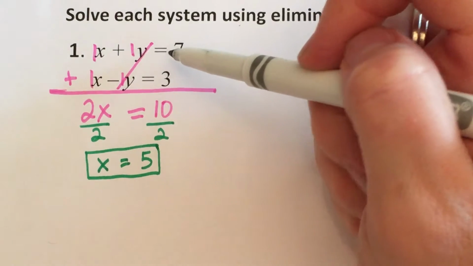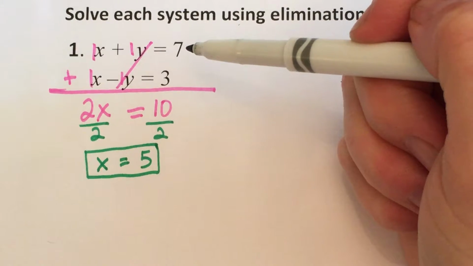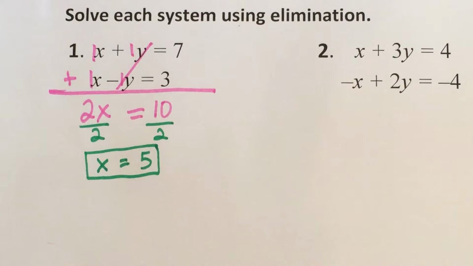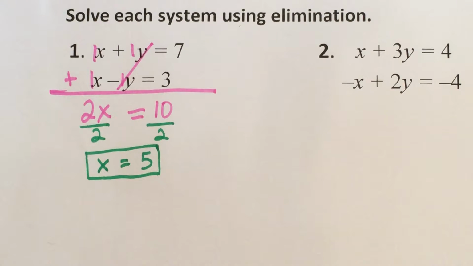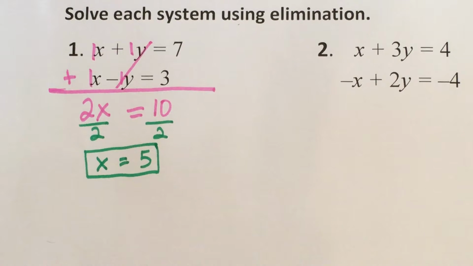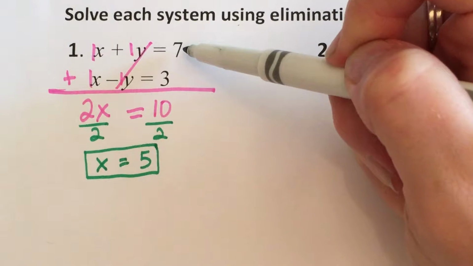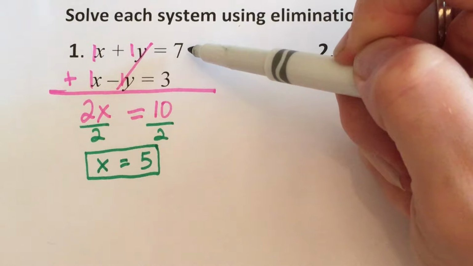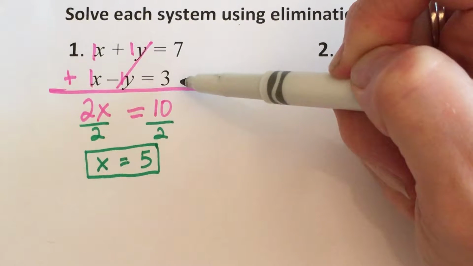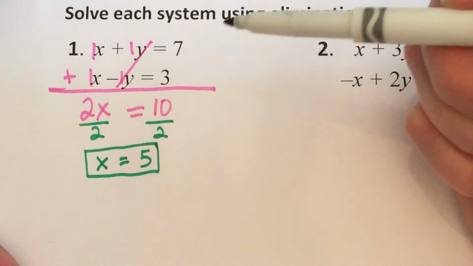And you want to pick the one that looks more friendly. So usually people think more friendly is no fractions, no negatives, if that's possible. Smaller numbers, if that's possible. So I would say that the first equation is more friendly, but if we do this correctly, then we'll get the same answer either way.